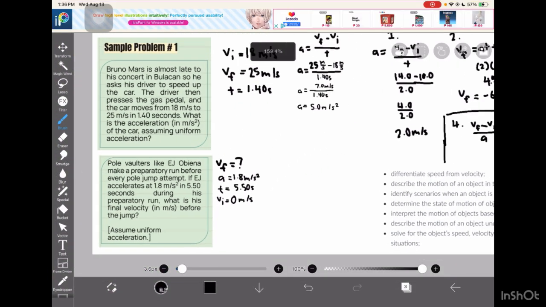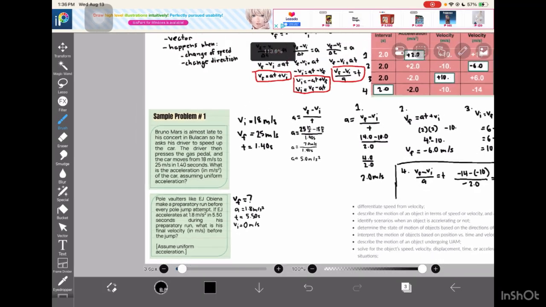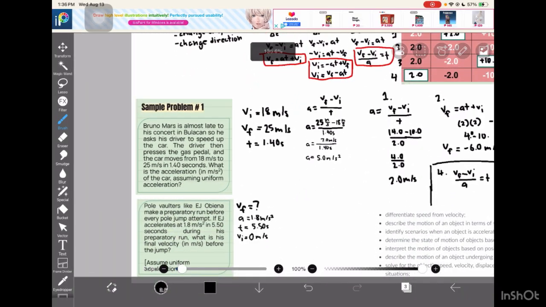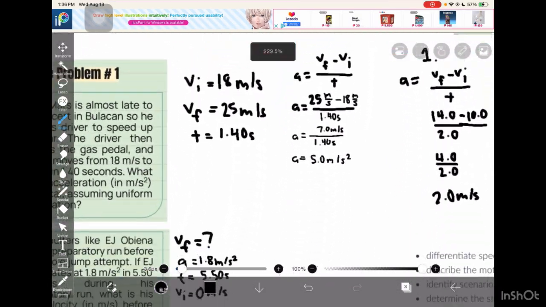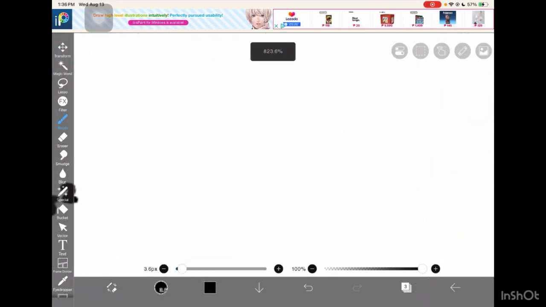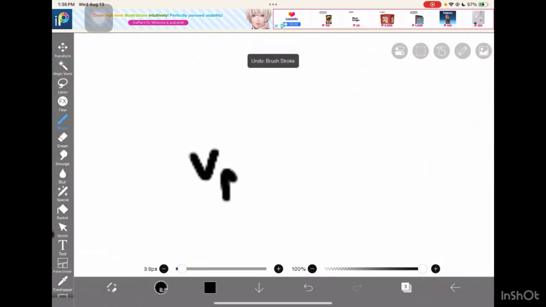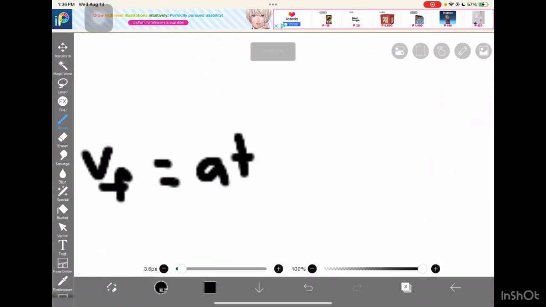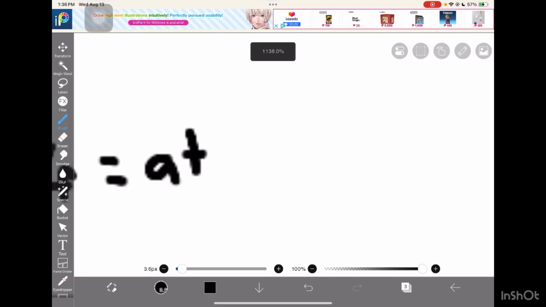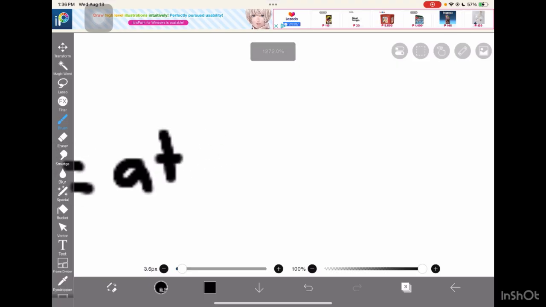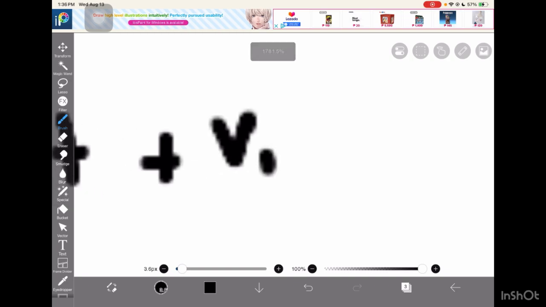Now that we know all our variables are identified, we need to use the formula which has v sub f. So v sub f is equal to at plus vi. Let's write that down. V sub f is equal to at plus vi.